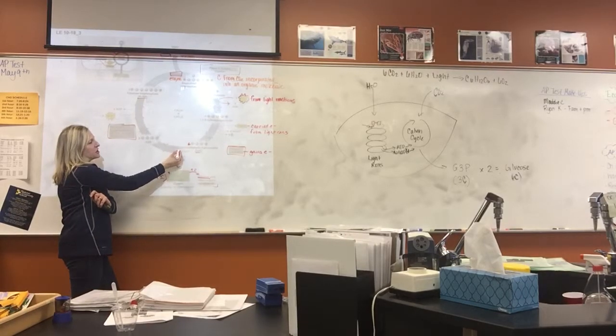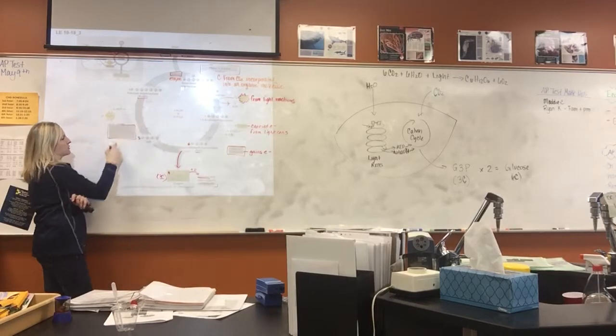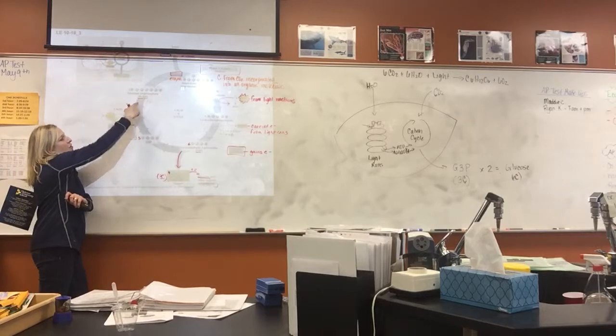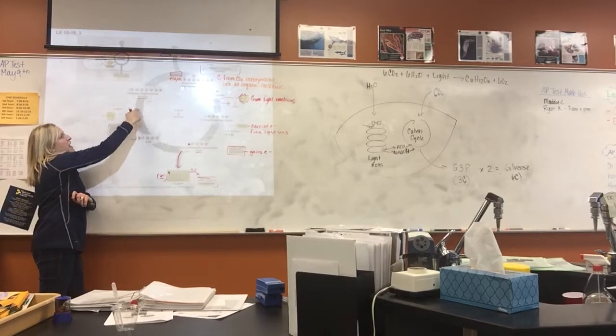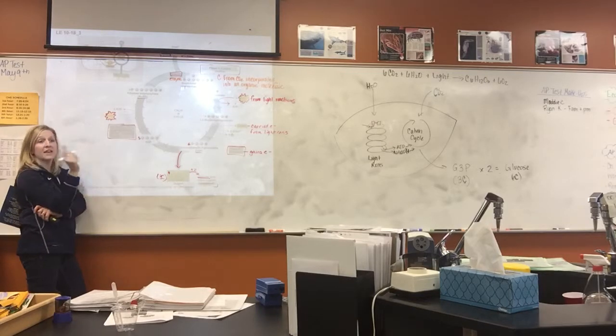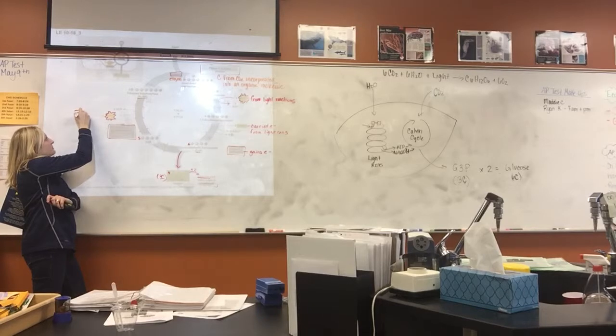Then the remaining G3Ps, these remaining 5, go through a series of chemical reactions. We call it the regeneration of CO2 acceptor, which is RuBP. So it goes through a series of reactions that requires some ATP. The ATP came from the light reactions.